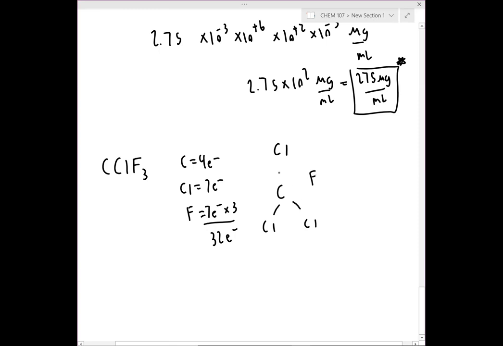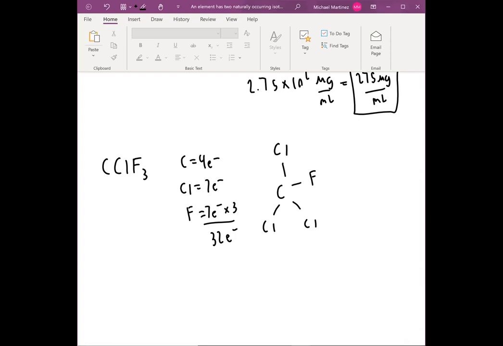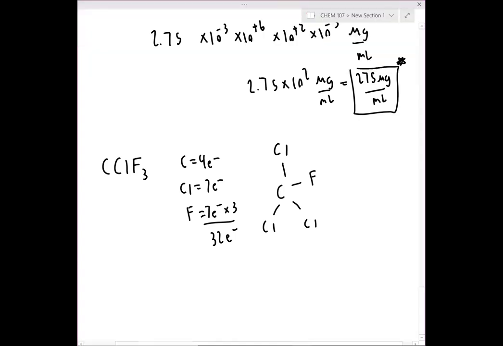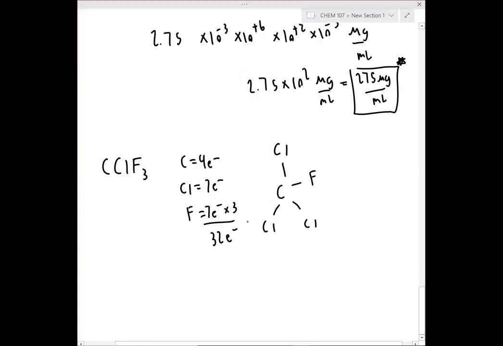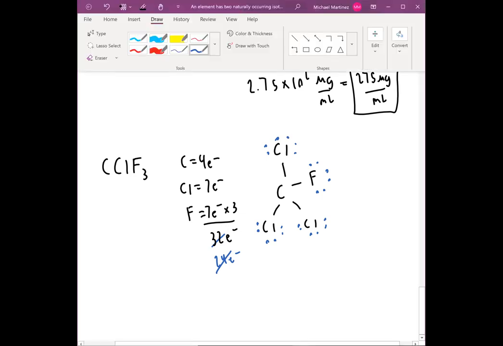We form 1 bond each as we're constructing our Lewis structure, and then we fill in our lone pairs. So we formed 1 bond each, we're down to 24 electrons, and then we fill in our lone pairs until we run out of electrons or the octet rule is fulfilled on all of our atoms. So we burned through all of our electrons.